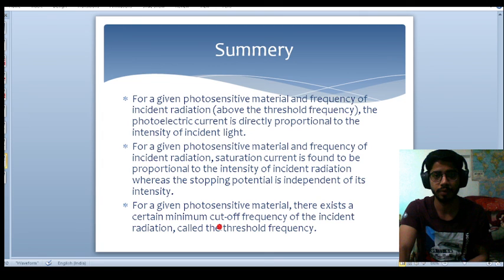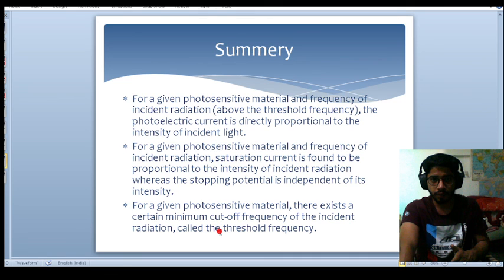And the last point I want to point out is that the photoelectric effect is a spontaneous phenomenon. It will not take time to happen.